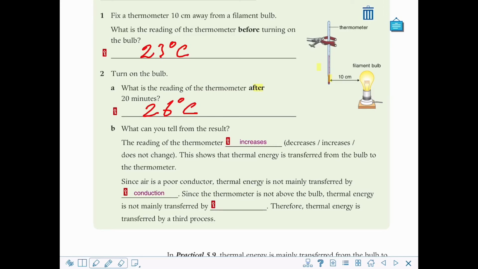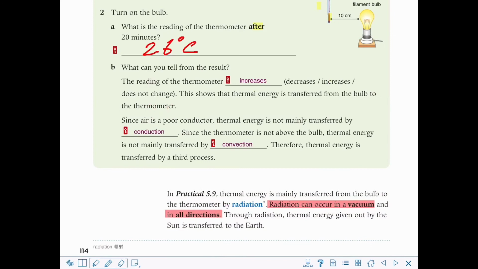Since the thermometer is not above the bulb, thermal energy is not mainly transferred by convection. Therefore, thermal energy is transferred by a third process. What is it? Let us continue.